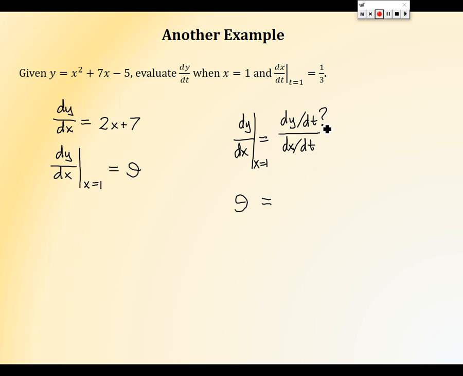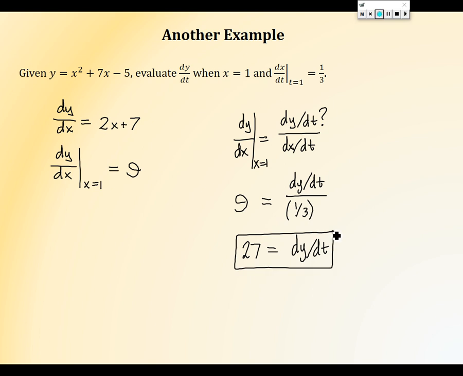And dx dt is 1/3. I think that works. Oh, I'm sorry, 3. 9 times 1/3. Yeah, all right.